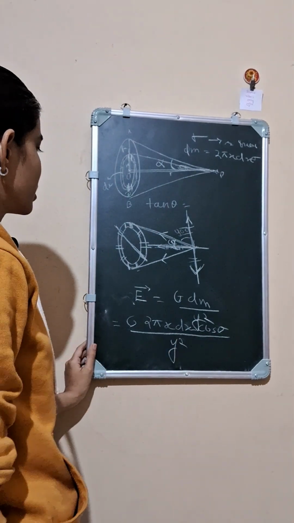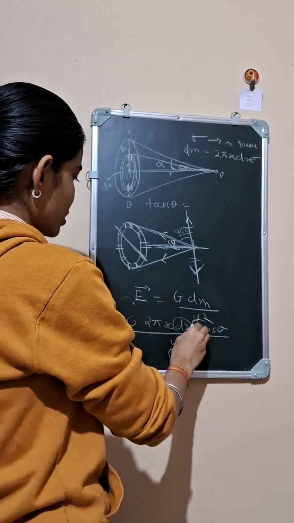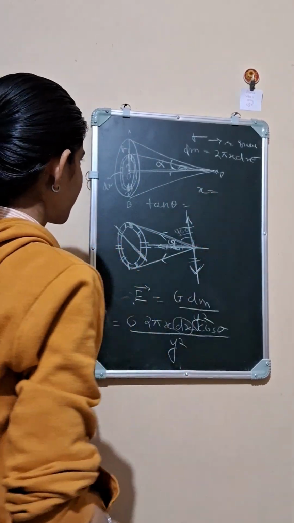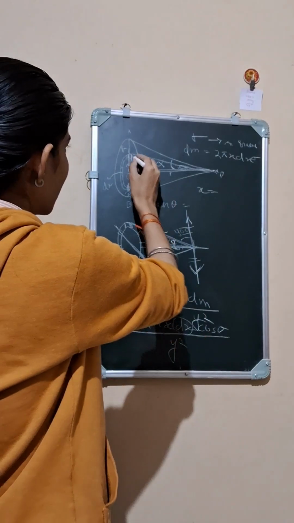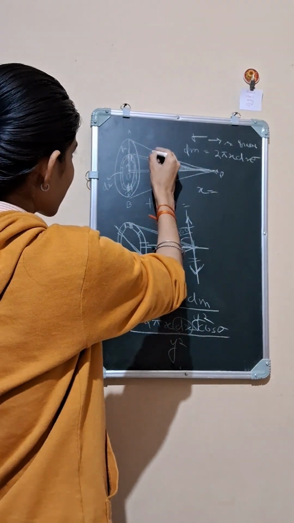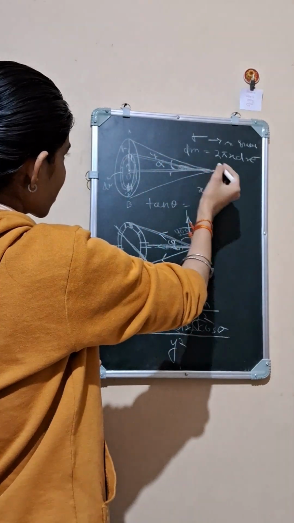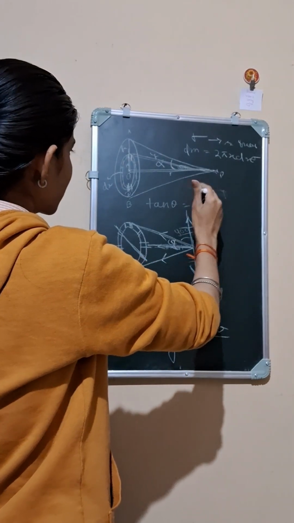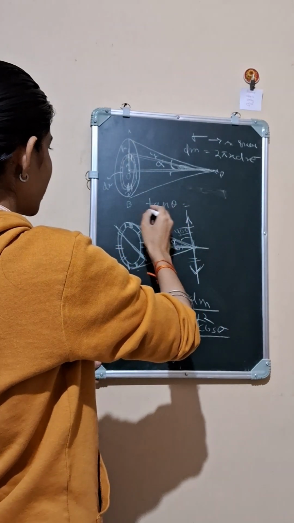So now I can do something like, here x equals to y cos theta, actually I was talking about tan theta, right?